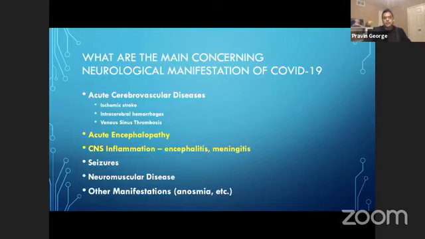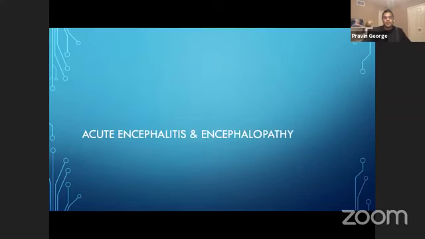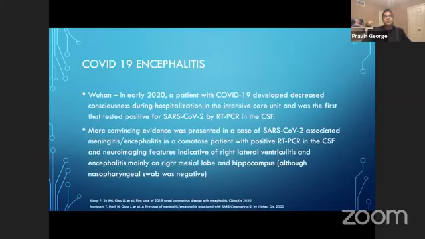Looking more into the encephalopathy, CNS inflammation, encephalitis, and meningitis type of picture here. This was first reported actually in Wuhan. In early 2020, I think it was published back in January, that was the first patient that presented with COVID-19 that developed decreased consciousness during the hospitalization.